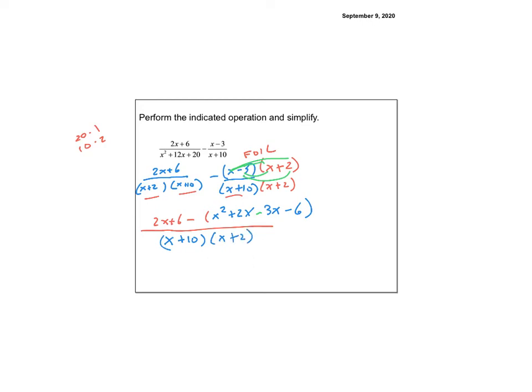Now I'm going to combine my like terms up here. So I end up getting 2x plus 6, and then minus x squared minus x minus 6. When I'm doing this next step, I'm not going to forget to distribute this negative sign through the numerator.